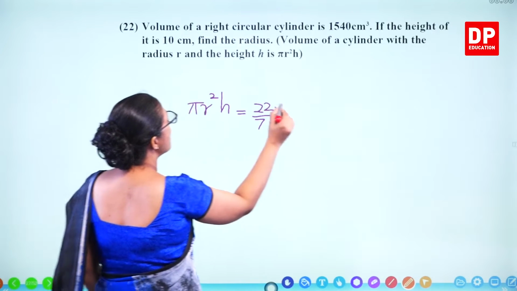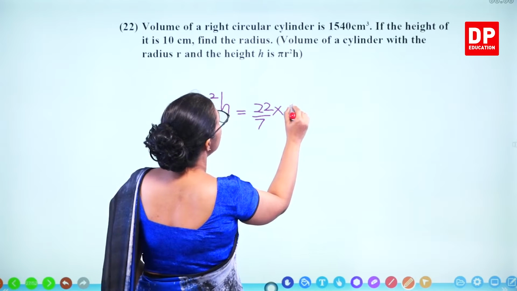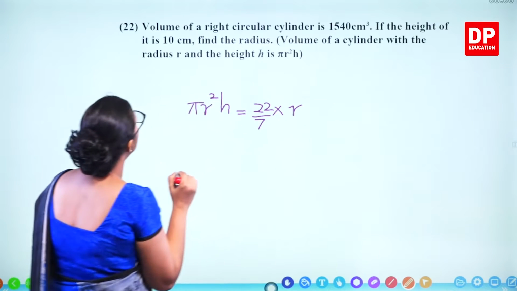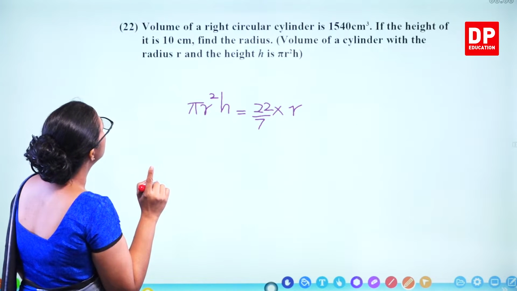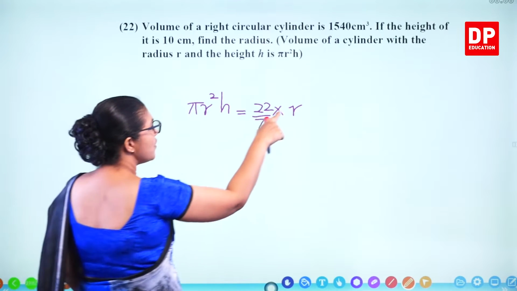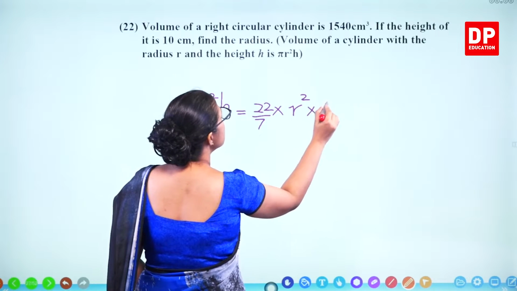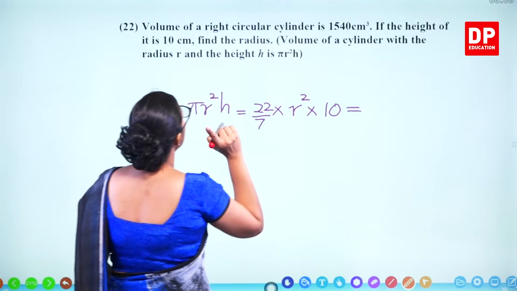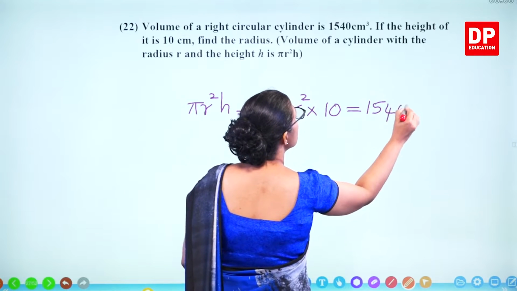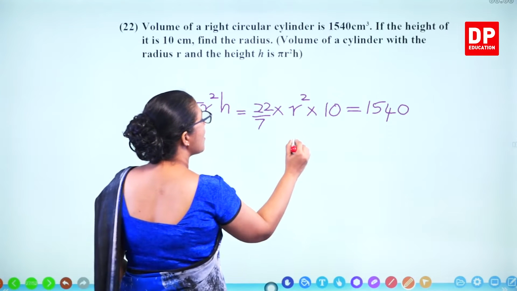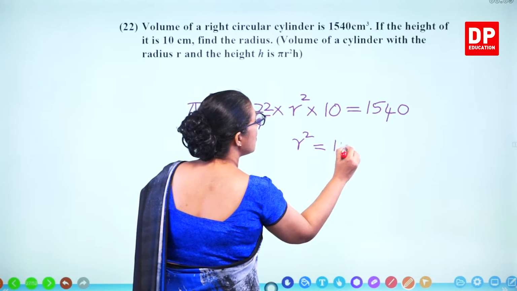We don't know the radius. What do they ask? If the height of it is 10, find the radius. So we have to find the radius. Height is 10. What's the volume? 1540. Now make r squared the subject of the formula.